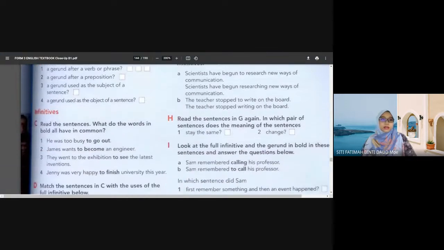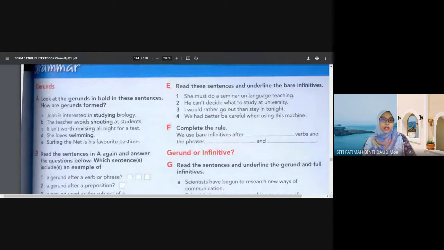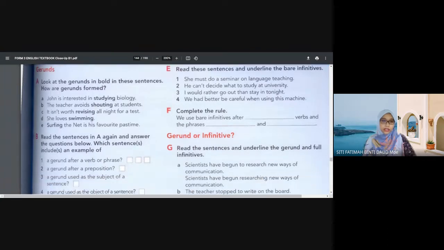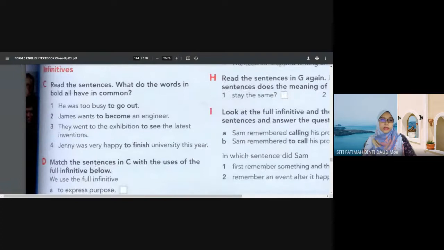All right. Now we will look at infinitives. So just now, gerund is -ing words here. It is formed with the verb and -ing ending. Remember that. Now we will go to infinitives. It's a bit different. Okay. What do the words in bold all have in common? To go out, to become, to see, to finish. What do they have in common?